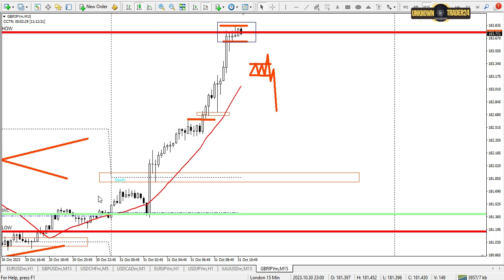So this is more or less like me trying to spoon feed everybody. I'm not giving you signals, I'm not telling you enter here, but I'm helping you select currencies.